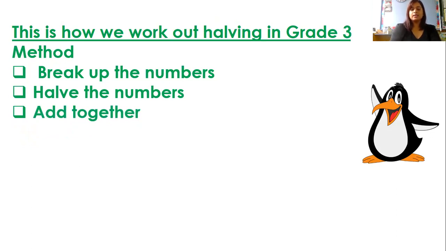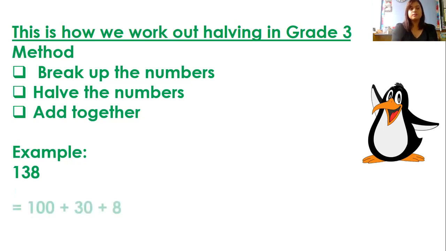Let's look at an example. So we're looking at the same number, 138. Here we have to break up the numbers. You break it up into hundreds, tens, and units. Or, if you have another number, it could just be tens or units. So if I break up this number, I've got 100 plus 30 plus 8.